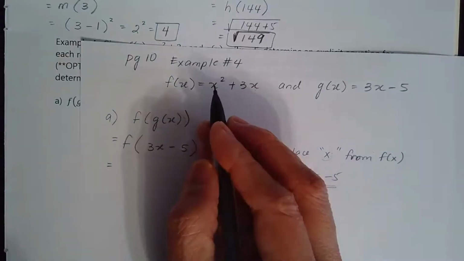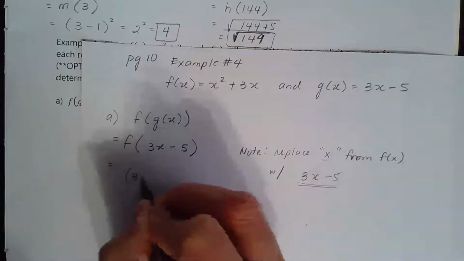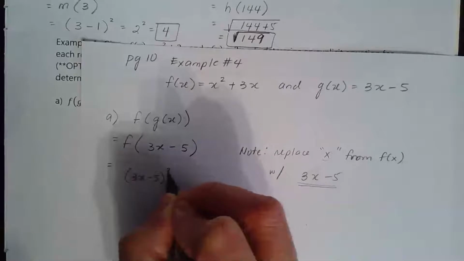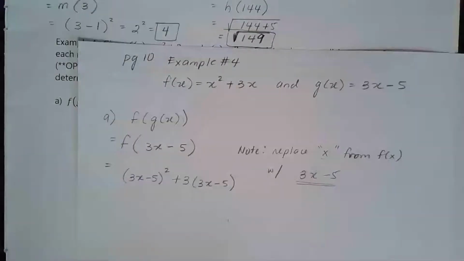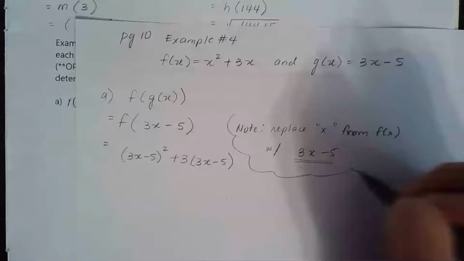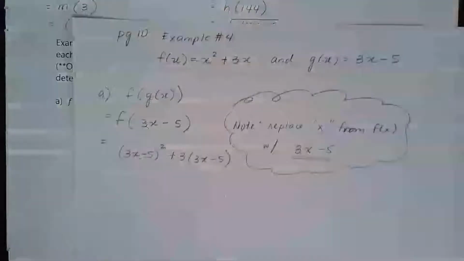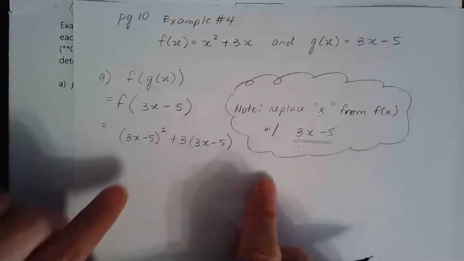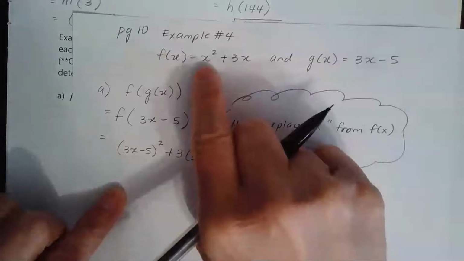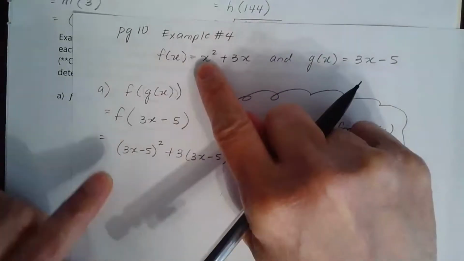I'm just going to put a little note. We're going to replace the x in f of x with 3x minus 5. We're going to replace it with 3x minus 5.